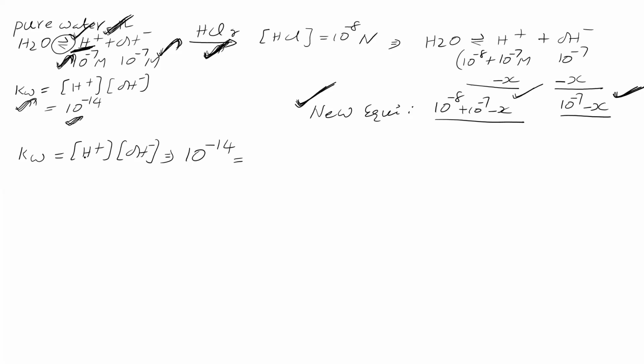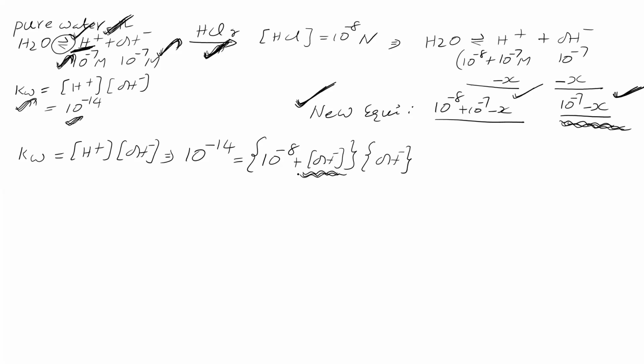Okay, so now I will substitute the H plus value. H plus is 10 power minus 8 plus OH minus concentration. Then I will write the OH minus concentration. Because OH minus is 10 power minus 7 minus x, in the place of 10 power minus 7 minus x, I have written OH minus.